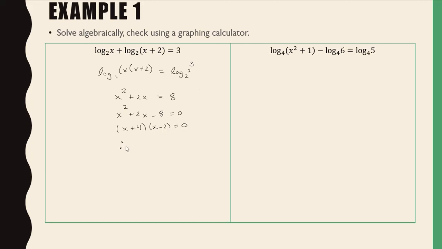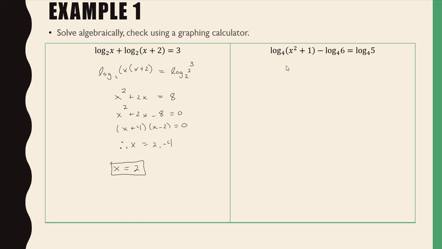So therefore, x is equal to 2 and negative 4. Now we do need to check with the graphing calculator, or we could verify using left side, right side. You're going to actually find that x is only equal to 2. It's not actually equal to negative 4. That's based on using the calculator. You could do left side, right side, and substitute these in as well.